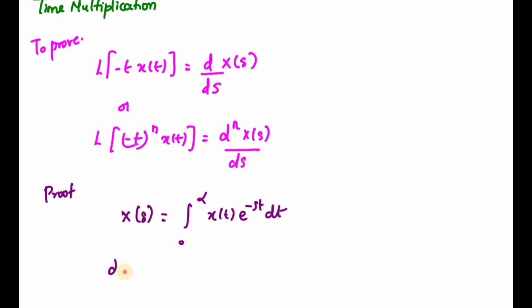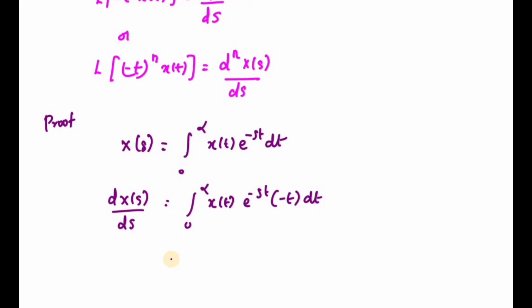If I differentiate this with respect to s, I will get integral from 0 to infinity x of t, and differentiating this term with respect to s, I will get e power minus st times minus t, right? So I can write it as integral from 0 to infinity minus t x of t e power minus st dt.